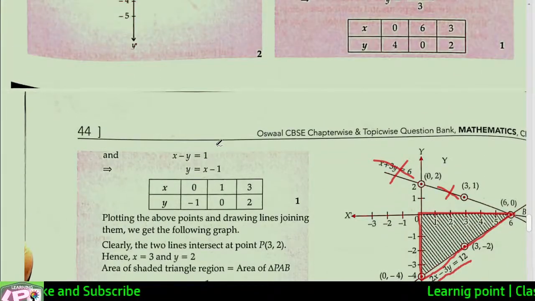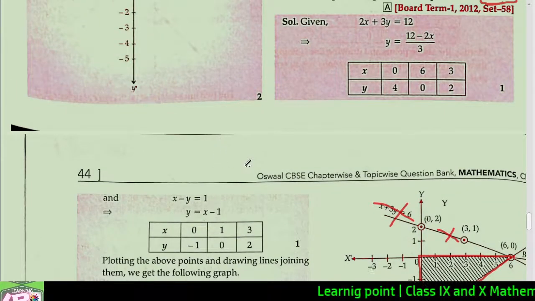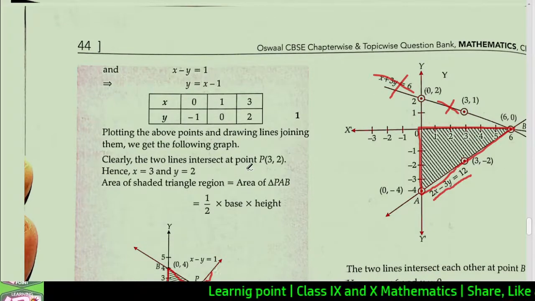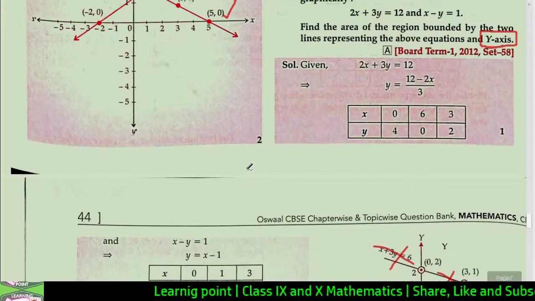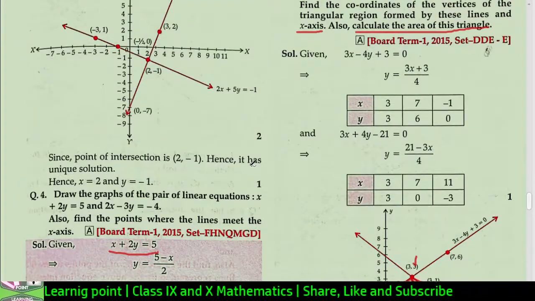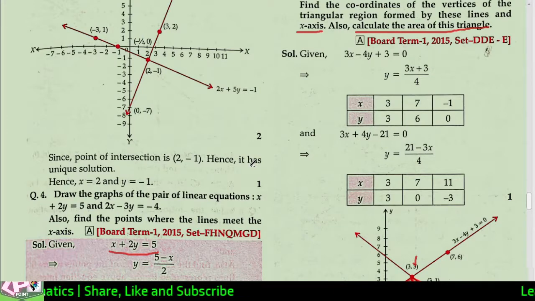Only the graphical method, because it's very important. That's why I'm telling you again and again, write down all those graphical method questions in your notebook, from long answers and also from short answer type 2. Then you will become more perfect regarding this graphical method.